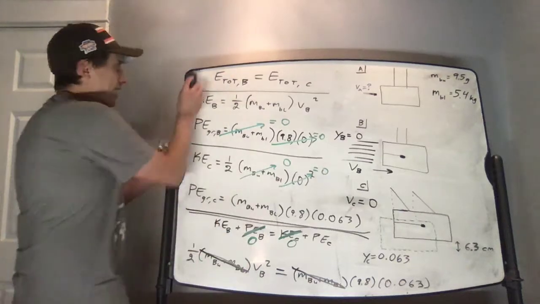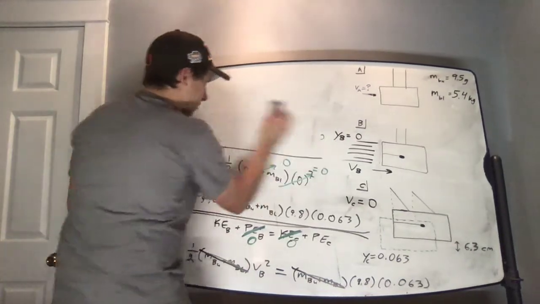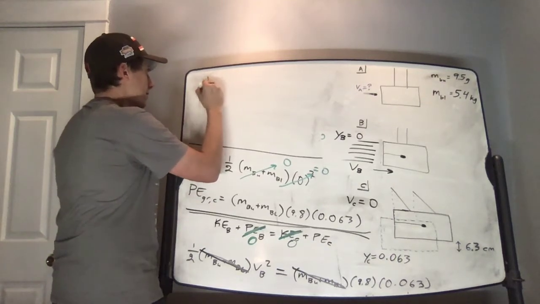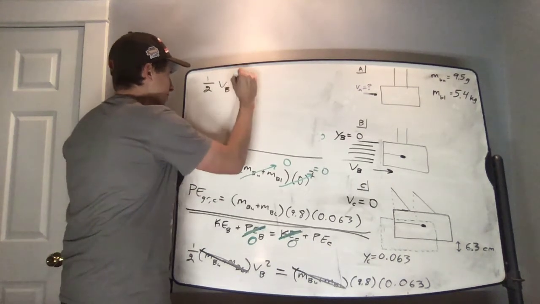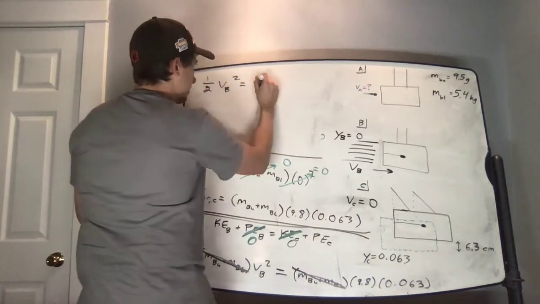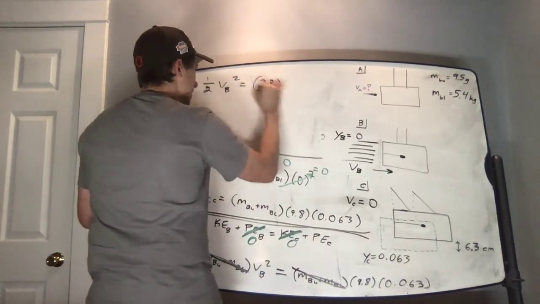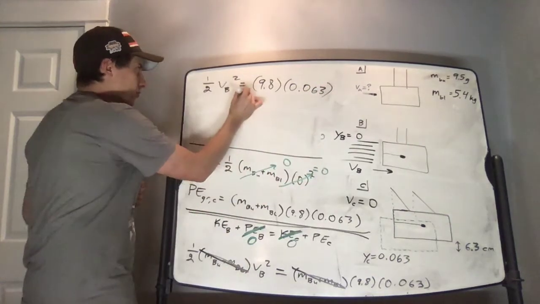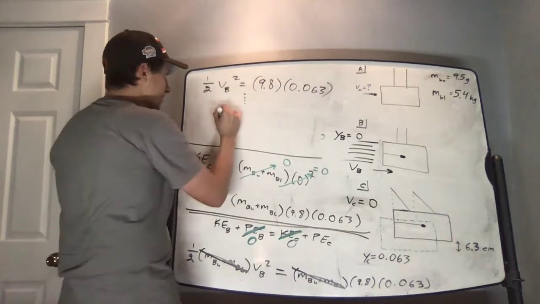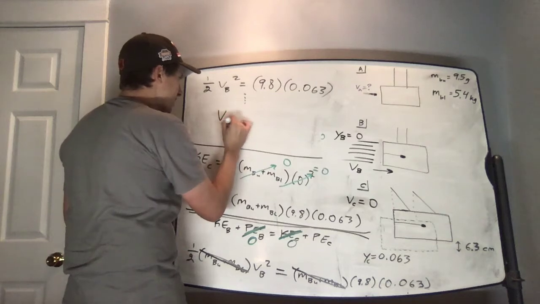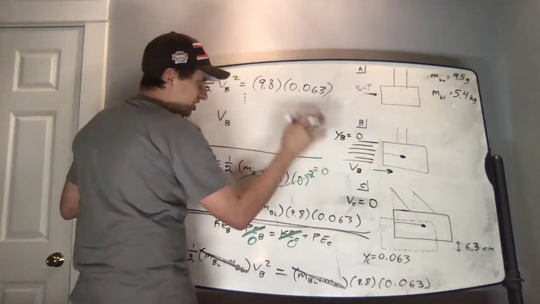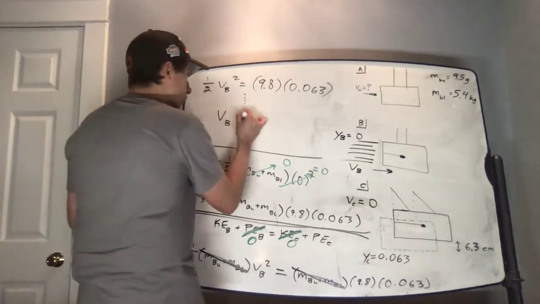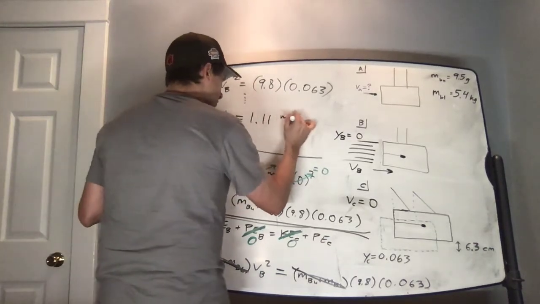And when I do that, I find that I'm left with 1/2 VB squared is equal to 9.8 times 0.063. And if I go through the arithmetic of it, I find the speed of the bullet and the block together, which is the speed of these objects at moment B, is given as 1.11 meter per second.